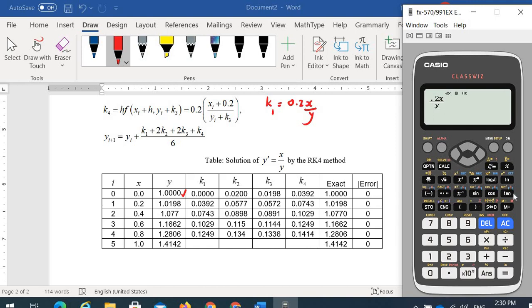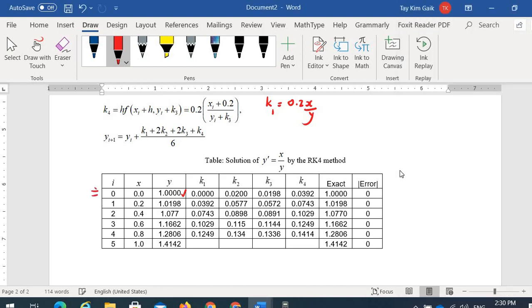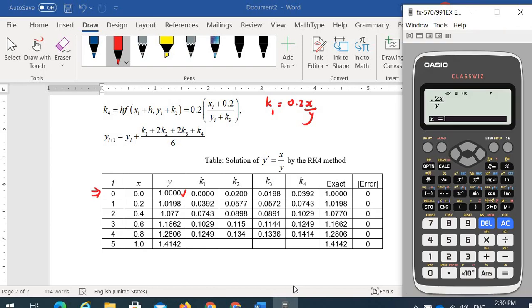You can use the red variables A, B, C, D, E, F, X, Y, M to input a formula, and you can use the Calculate button to repeatedly calculate the function's value. So I'm going to calculate k1 as 0.2 x over y. Here for i equal to 0, x is 0 and y is 1, so you get k1 is 0.